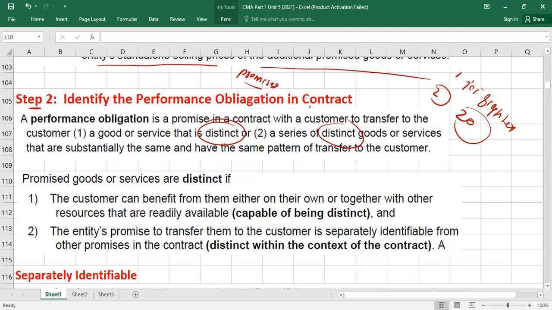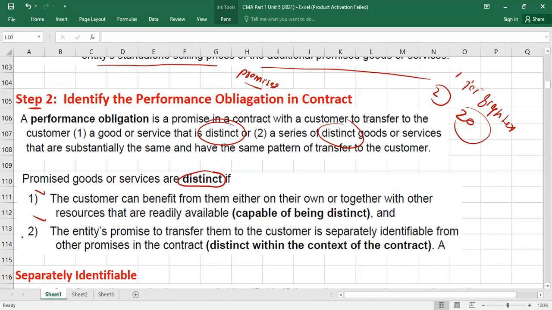Okay? So you can look here. The promised goods or services are considered as what? Distinct, and how many points are written? 2 points. Need 100% concentration here. We will assume the good or service is distinct if there are 2 points.